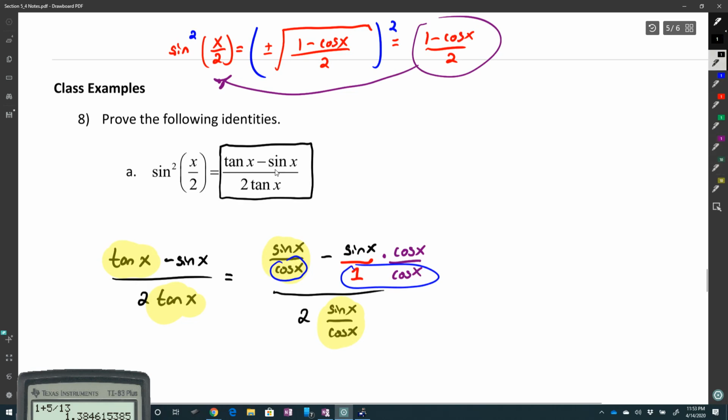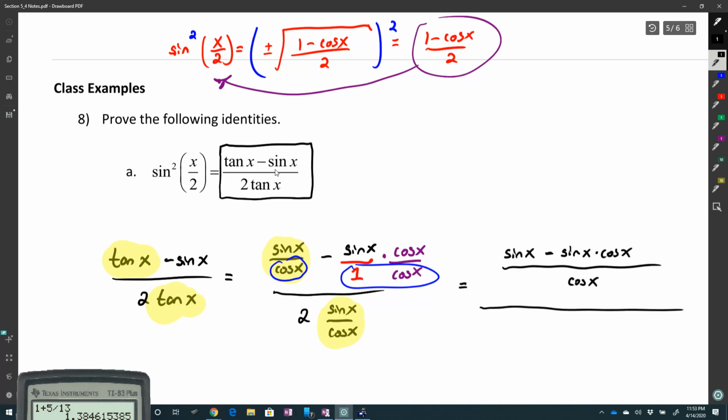Okay. So I have sine x minus sine x cosine x over cosine x. And then that whole thing divided by 2 times sine x over cosine x.